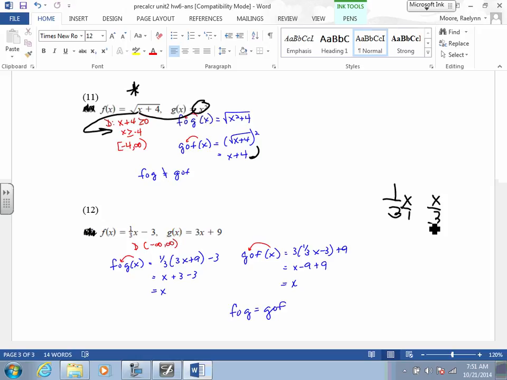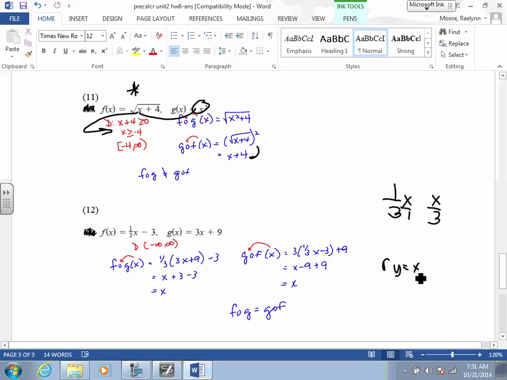Okay, so f of g and g of f, in this case, they turn out to be the same thing. They turn out to be x. What this means is they're inverses of each other. If you graph the two of these, it'll be a reflection over your line y equals x.